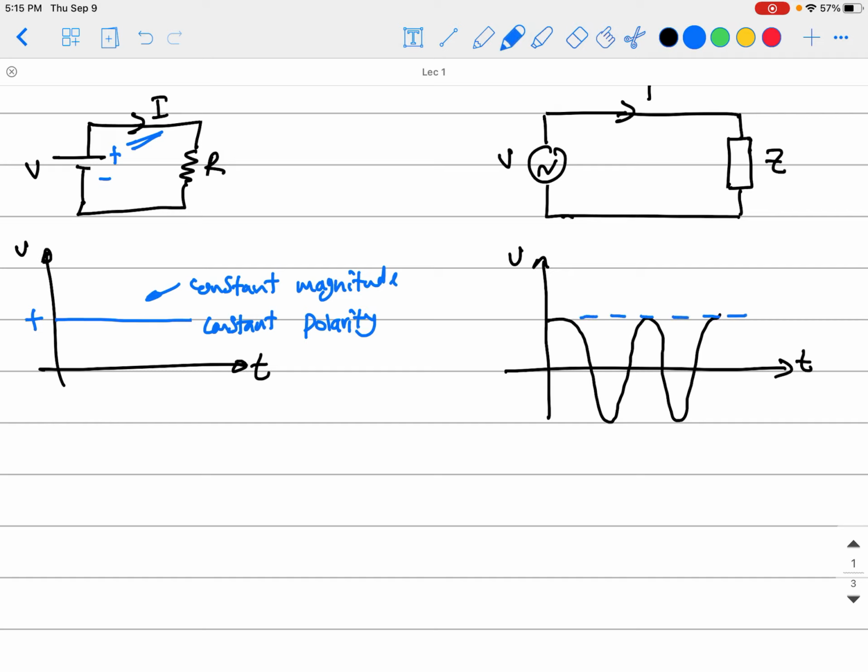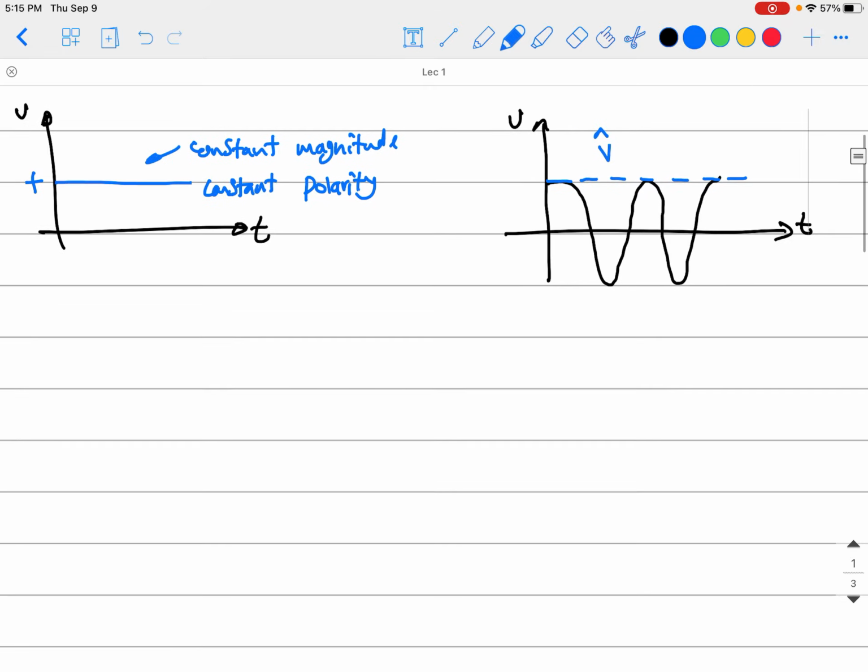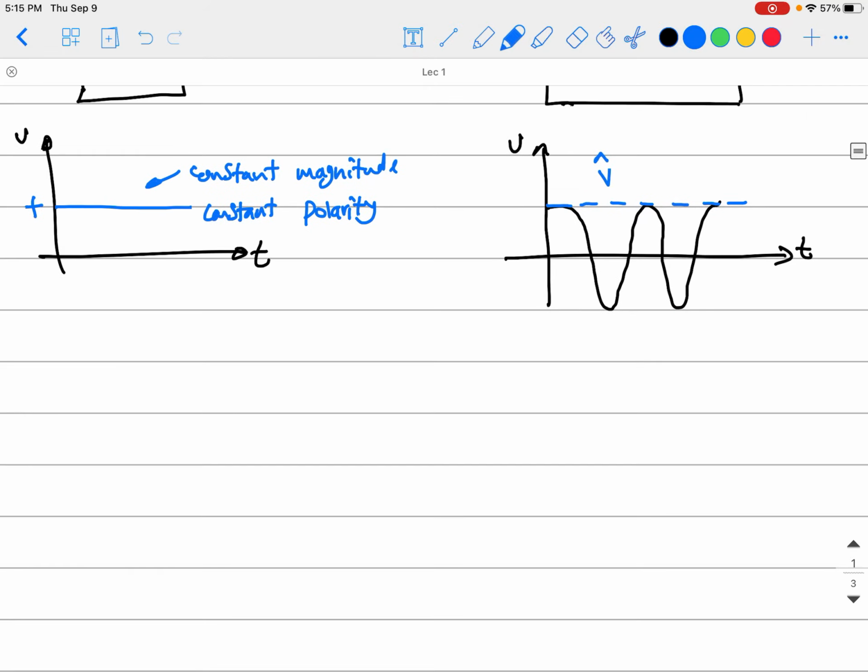That is the magnitude of the signal. Let's call it V hat, something like that. So as you see here, this v will equal V hat, which is the magnitude, cosine omega t plus theta v, okay? So as you see, it's just a cosine wave like this.